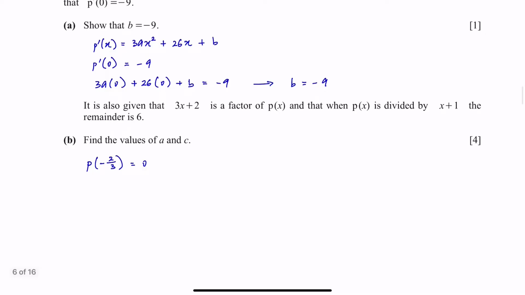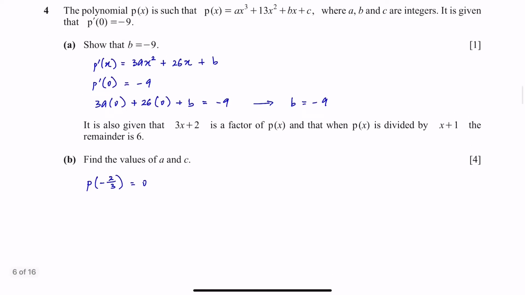So we sub x equals negative 2 over 3, we would get a times negative 2 over 3 cubed plus 13 times negative 2 over 3 squared plus b times negative 2 over 3 plus c. Oops, sorry. For b, we need to change it to negative 9 since we have found it just now. So this is equal to 0.